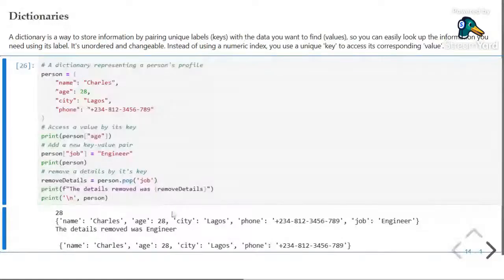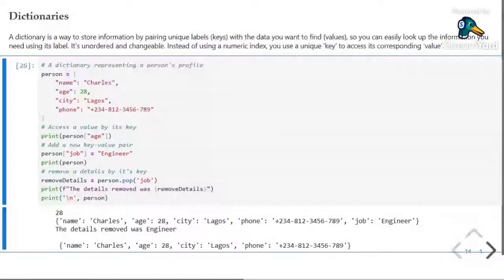So let's try to remove a detail by its key. To remove a detail, you can make use of pop. Pop is easier because it also has a return value. Most of us making use of functions do this so that at the end you can say return this.